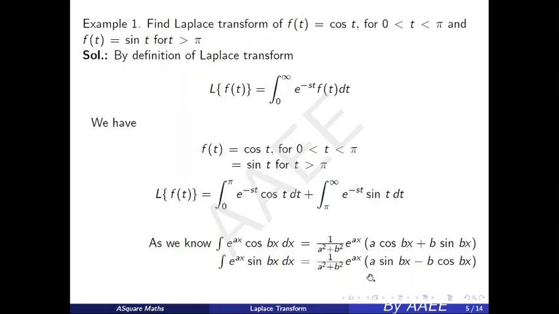By using these integral formulas, the first formula will be applied here and the second will be applied here. Here a is minus s and b is 1. Similarly here.